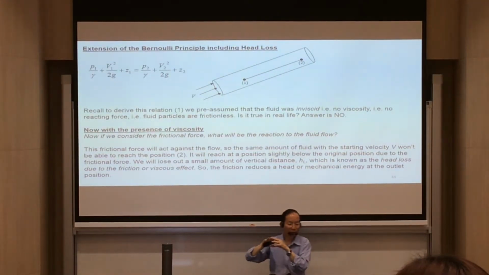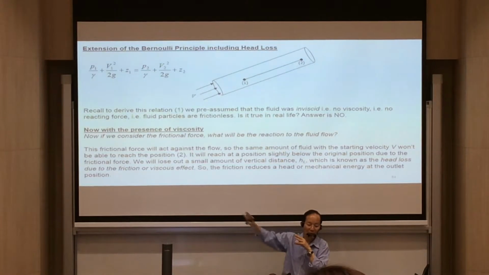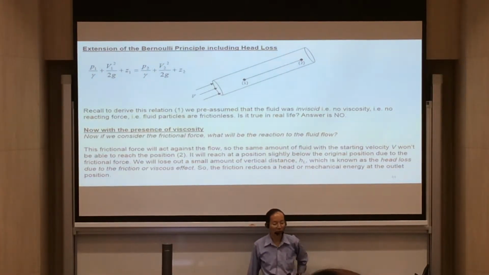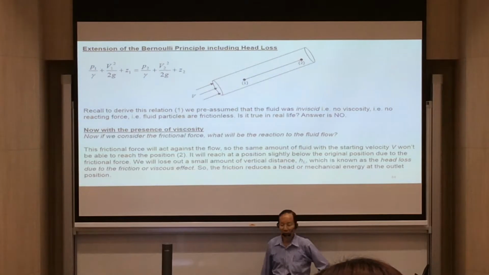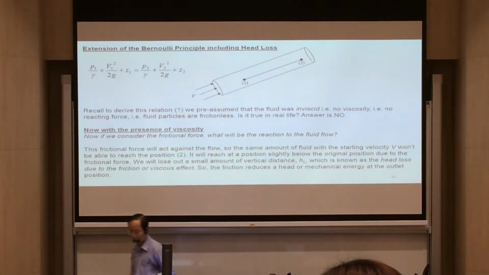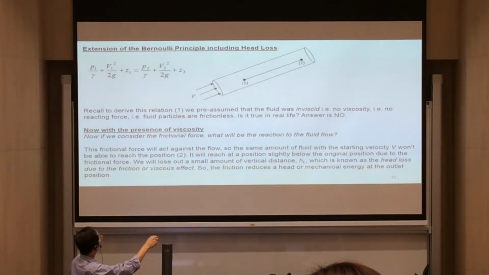So what you have is a pipe that's slanted. Where's your Z? Your Z will have to be measured from a common datum. Usually Z is from a common datum.